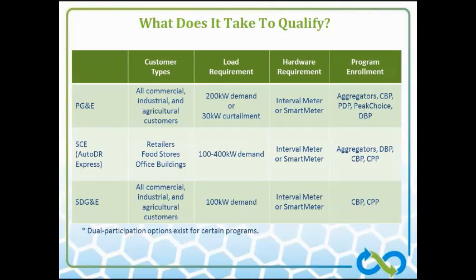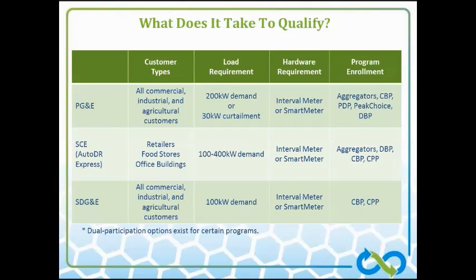The load requirement is that you have a minimum of 200 kW demand or 30 kW of demand response curtailment. The hardware requirements are simply that you have an interval data meter or a smart meter. The programs that are eligible as AutoDR programs are the aggregator programs, capacity bidding programs, peak day pricing, peak choice, and the demand bidding program.